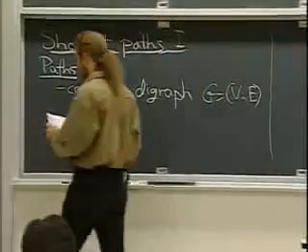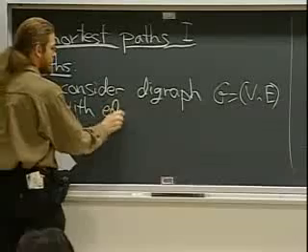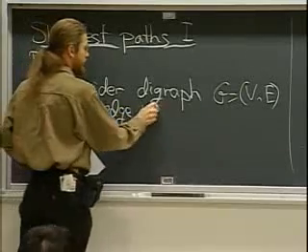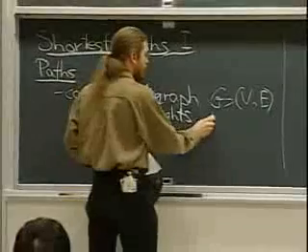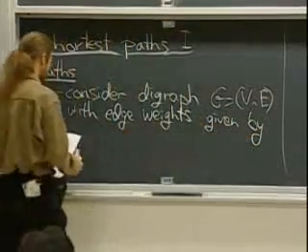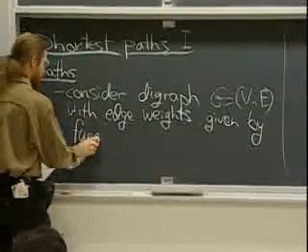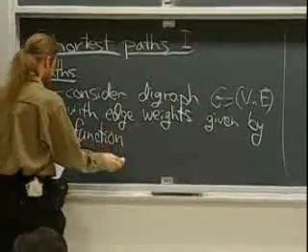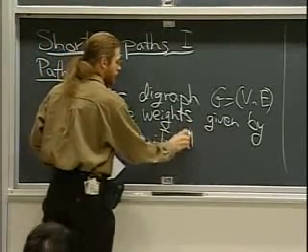We have edge weights, to make it a little bit more interesting. This is just a real number on each edge. Edge weights are usually given by a function W. For every edge, you get a real number.